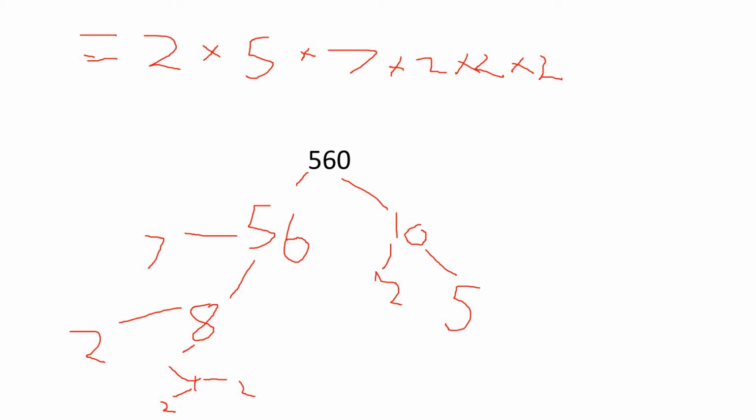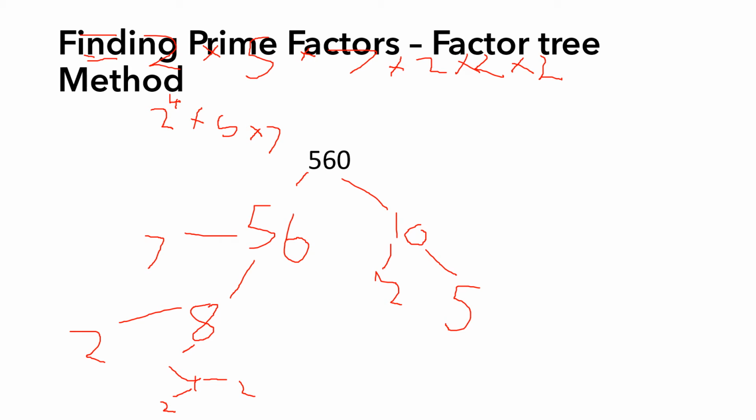And now because we've got so many 2's, we could actually write it as 2 to the power of 4 times 5 times 7. Now this is called finding the prime factors using the factor tree method. Sorry for going over a bit.